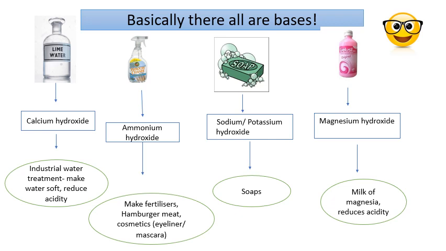So if it is going to reduce acidity in your stomach, it has to be a base, so that it will go inside your stomach and react with the acid and neutralize it. Remember, neutralization is happening everywhere. Acid and a base give a salt. So basically all the above things that you see on the slide are bases, or are basic in nature.